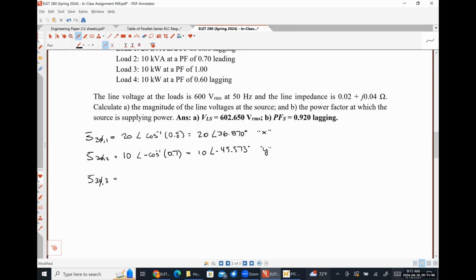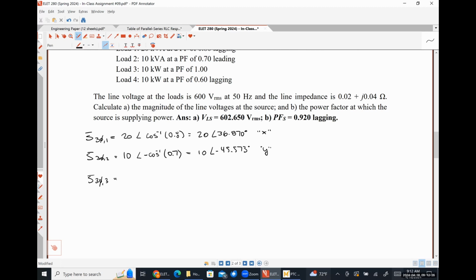How do I find the complex power absorbed by load 3? Baylor is paying attention to the units. That's important, right? So we have 10 kilowatts. Kilowatts represents what part of the complex power? No. Apparent power is measured in kVA. That's what we've been dealing with. The real part, which is commonly called average power. Absolutely right. So we have an average power of 10 kilowatts at a power factor of 1.